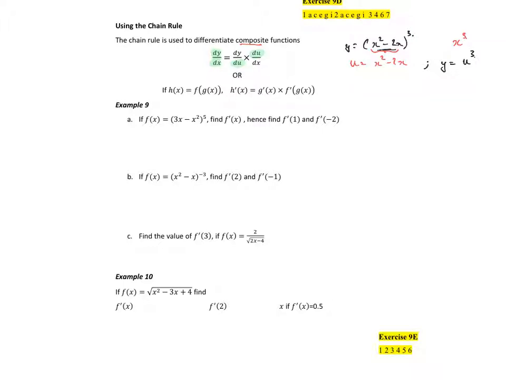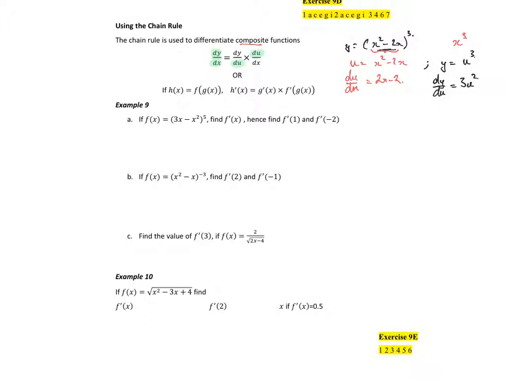Now we've got two separate functions that are really easy to differentiate. The derivative of y with respect to u is simply 3u squared, and the derivative of u with respect to x is 2x minus 2.